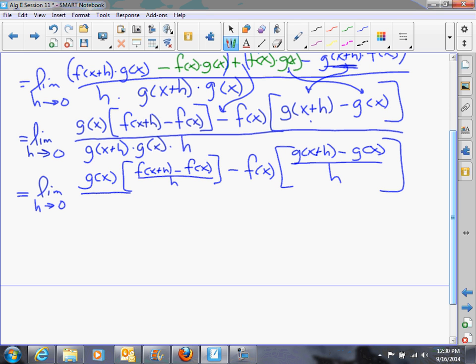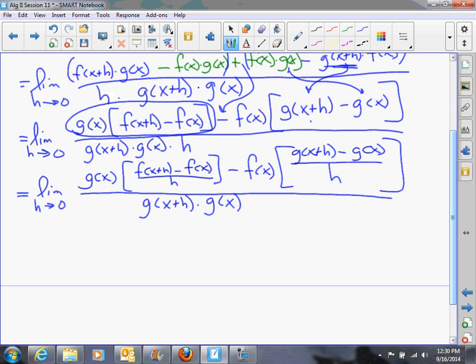Now, still in the denominator is g of x plus h times g of x. Now, you need to convince yourself that what I've written is algebraically equivalent. This term here, I've put the h underneath the second part of it, and this term here, I have again put the h under the second part of it, and that is equivalent to where it was in the denominator of the whole thing. Now I've left the g of x plus h and the g of x in the denominator.